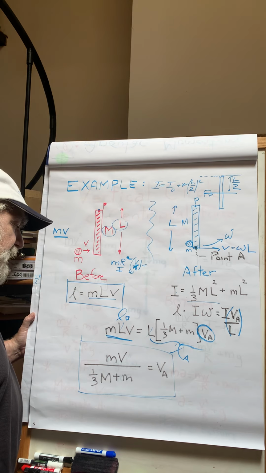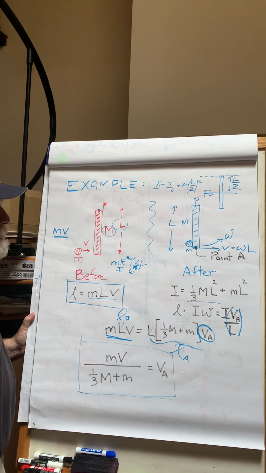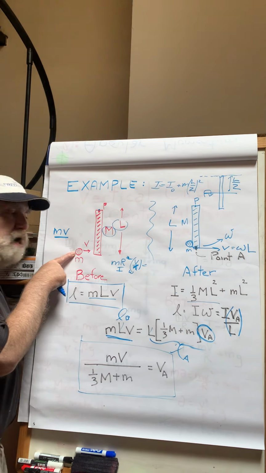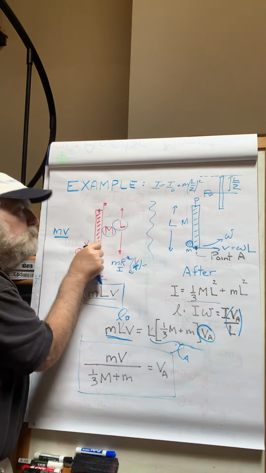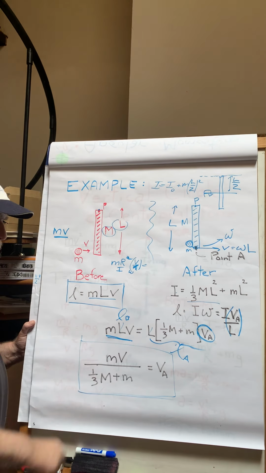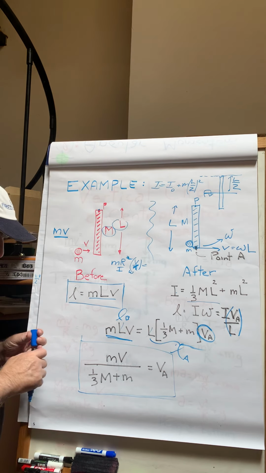So notice that it is less than the original velocity because some of the energy of the ball has to go into rotating the bar, and so that means that velocity will be lost.